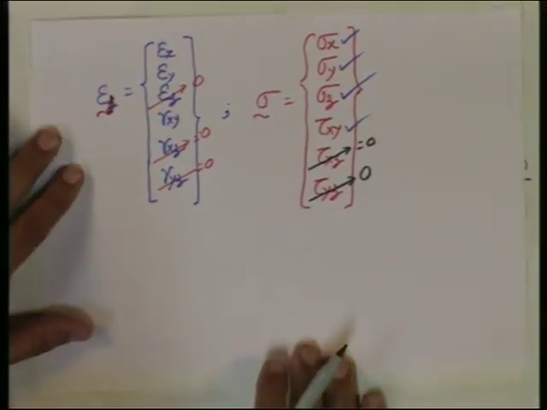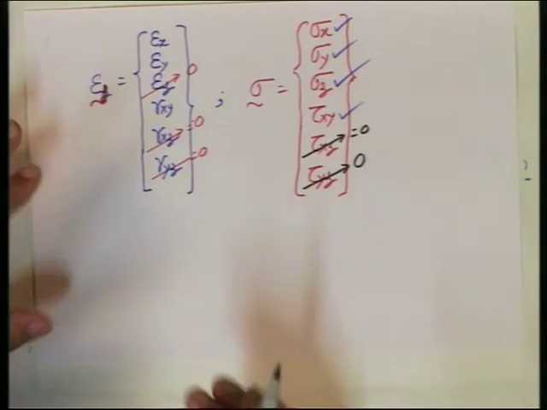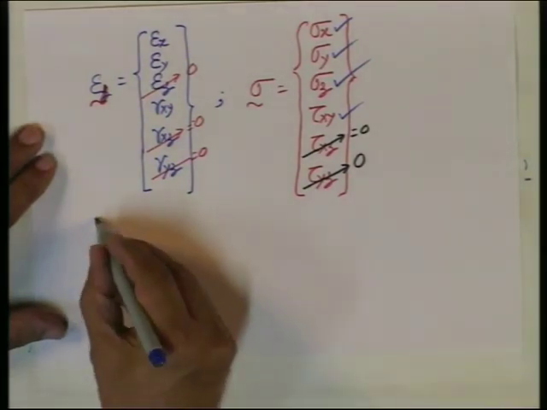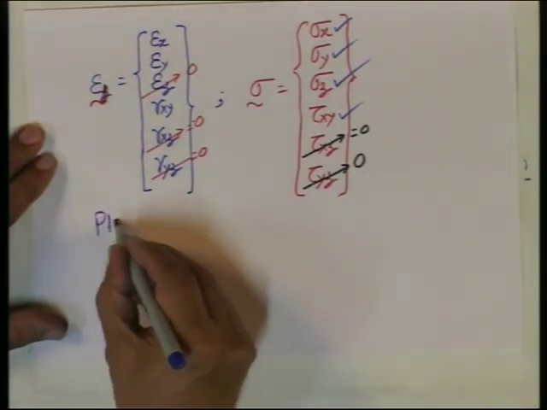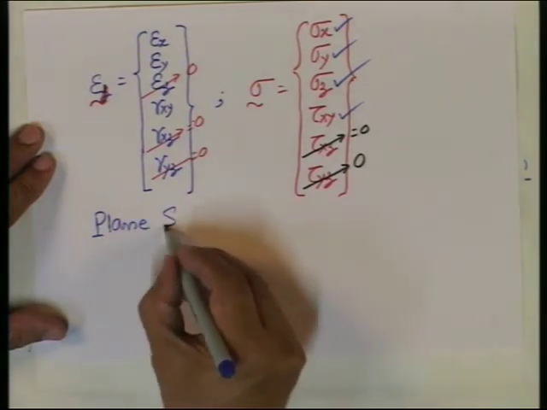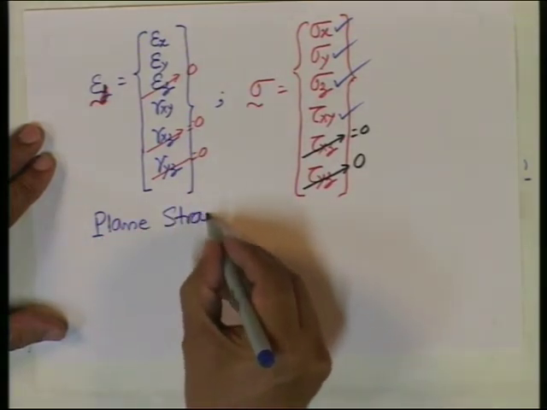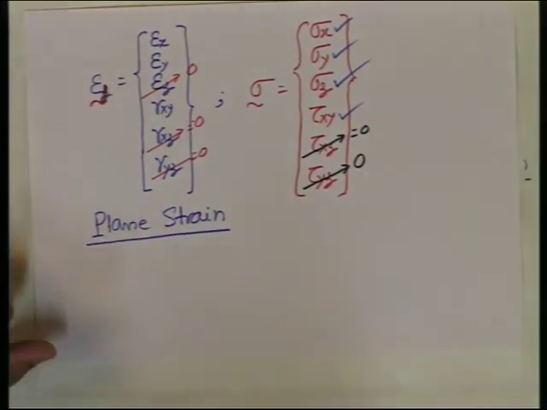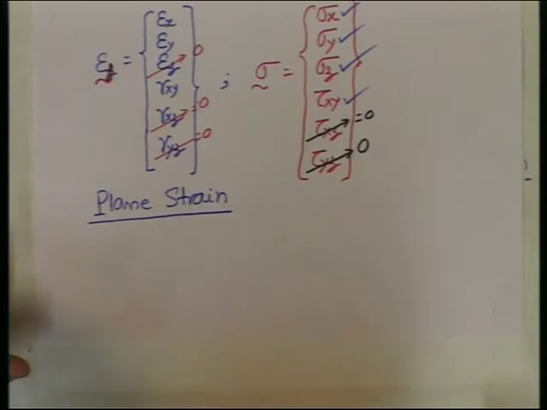Now, the problem reduces to 2 dimensions, simple. So we call this a plane strain. Such a state of stress or strain is called plane. This also exists in many cases, and they are real life situations.